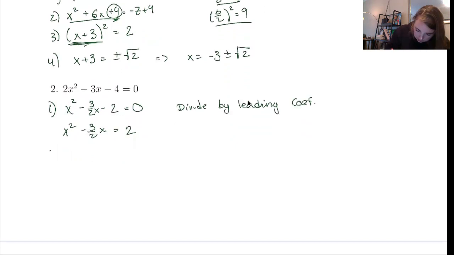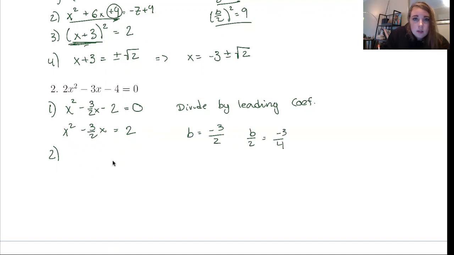Okay, so now step 2 says that I need to add, what's my b in this case? My b is negative 3 divided by 2. I have messed this problem up a lot, so I need to be careful. So b is negative 3 over 2, so b divided by 2 is negative 3/4.